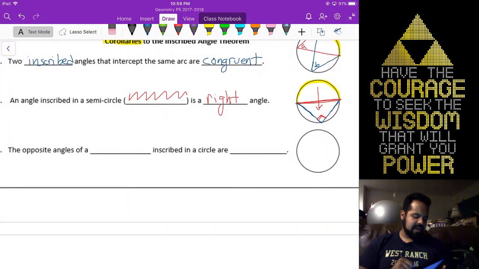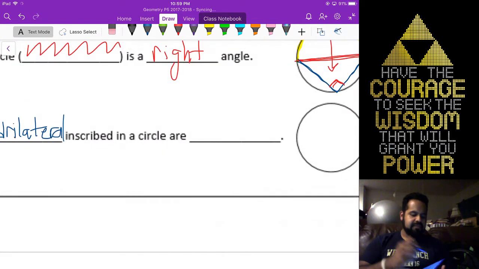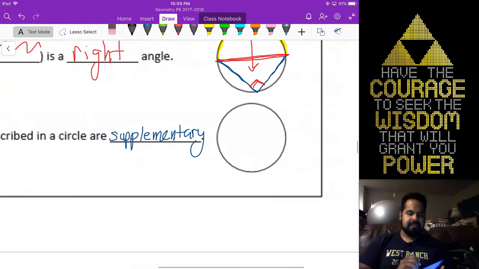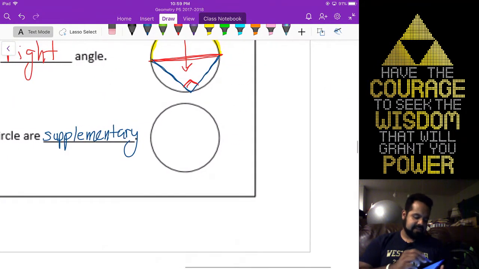The third corollary: the opposite angles of a quadrilateral that is inscribed in a circle are always going to be supplementary. And supplementary simply means, in case you've forgotten, that they add up to 180 degrees. So I'm going to pick 4 random points inside of here.